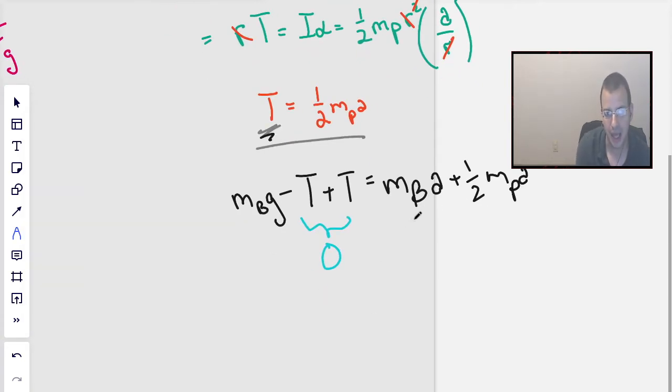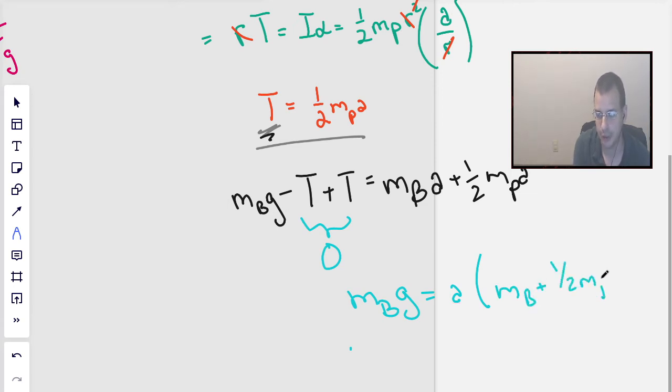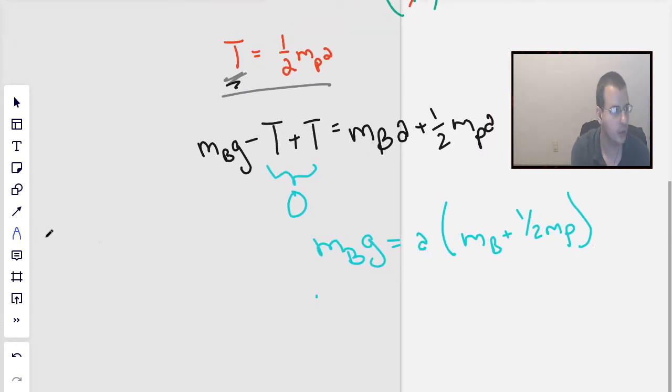Doing some algebra, we get mass of the block times gravity equals acceleration times mass of the block plus 1/2 times mass of the pulley. Yep, that works.